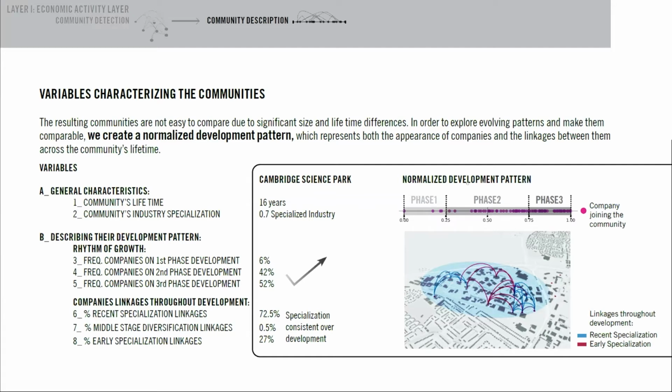So we are able to fit some of these variables, for instance the ones related to the rhythm of growth of the communities or the ones related to the types of linkages within these communities, and being able to compare communities in this way.